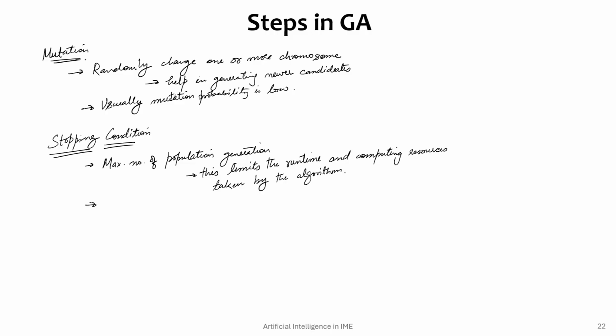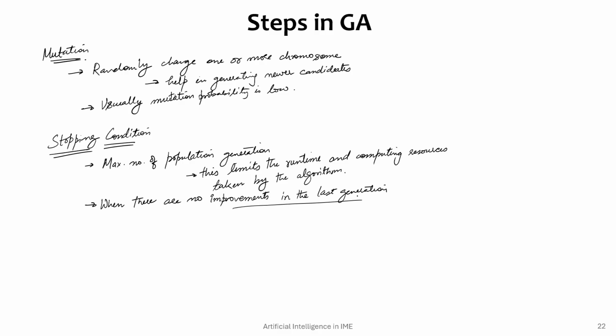Next could be when there are no improvements left, or when there are no improvements in the last generation. So how can we capture this information?